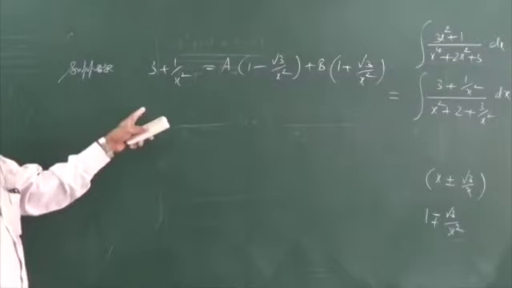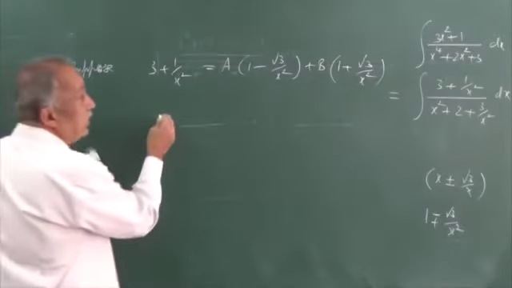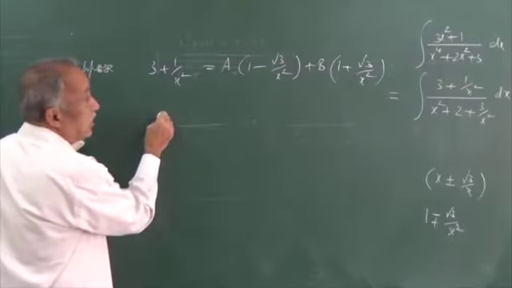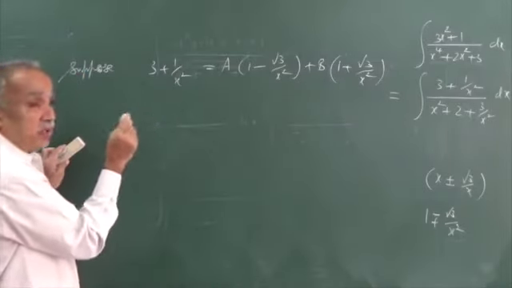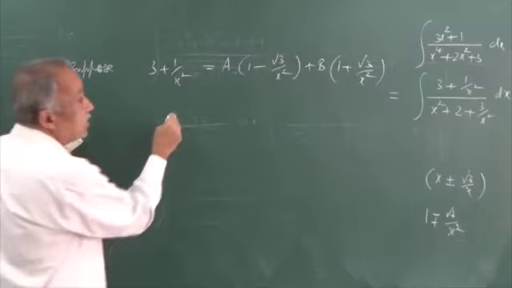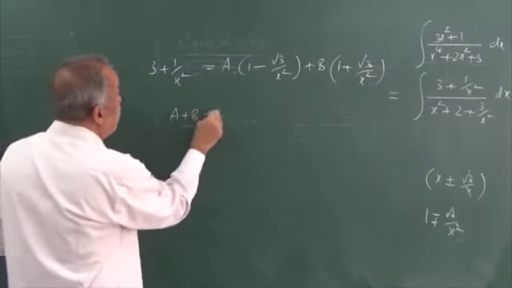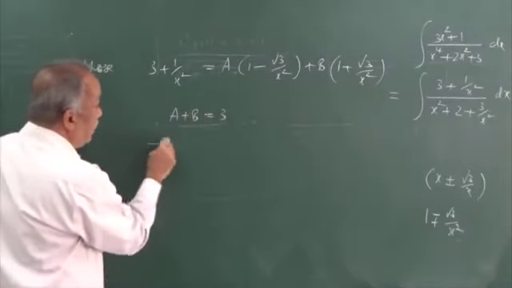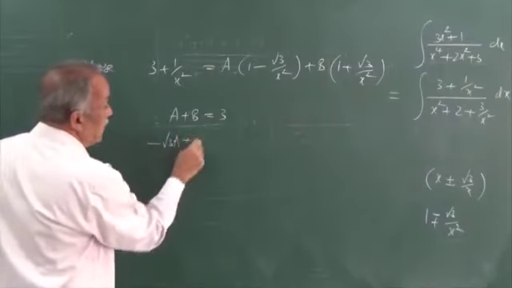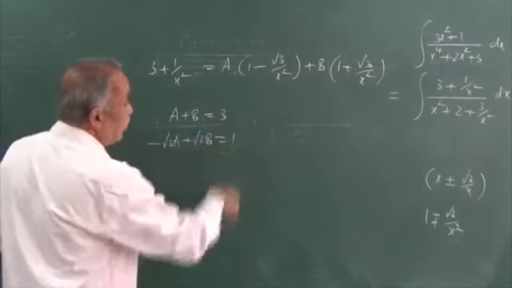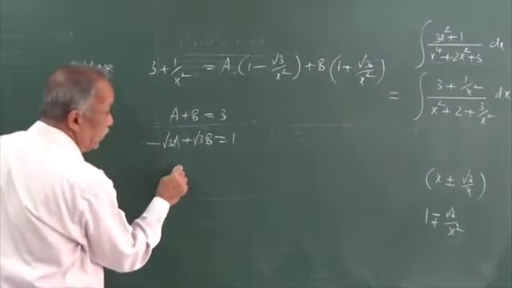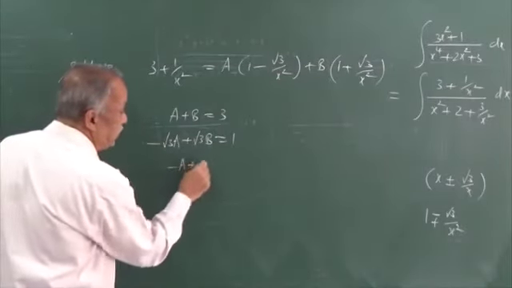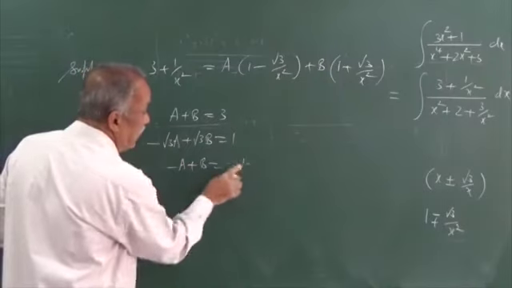If this is valid, then we must have, comparing terms involving x and not involving x, a + b = 3 and −√3a + √3b must be equal to 1, or a + b = 3 and −a + b = 1/√3.